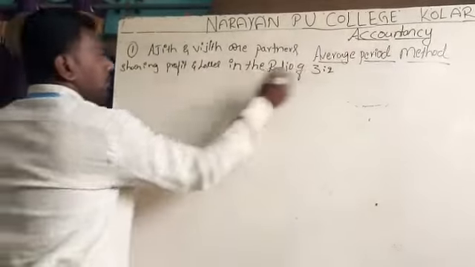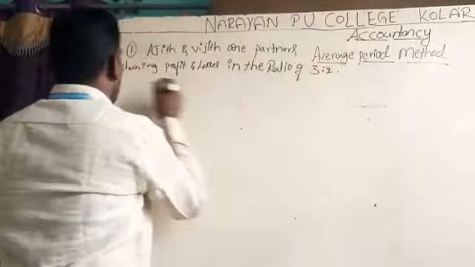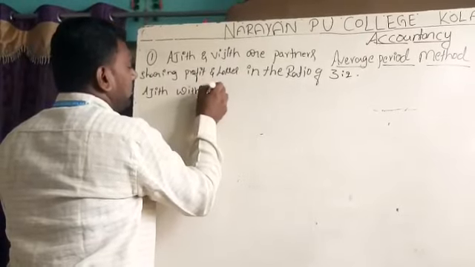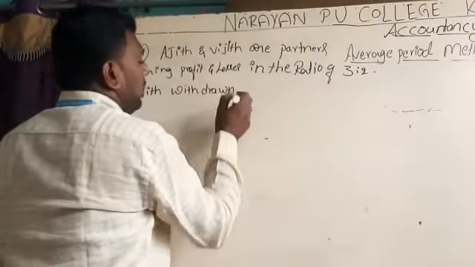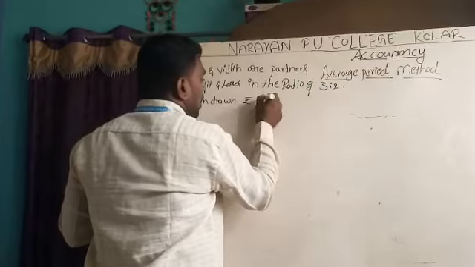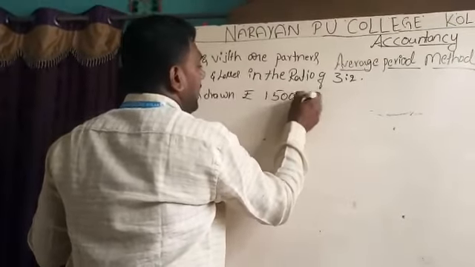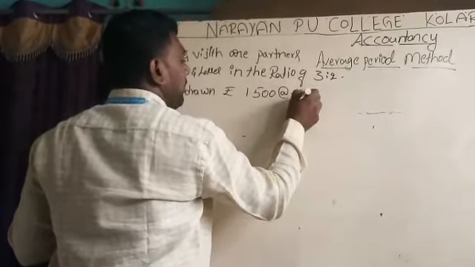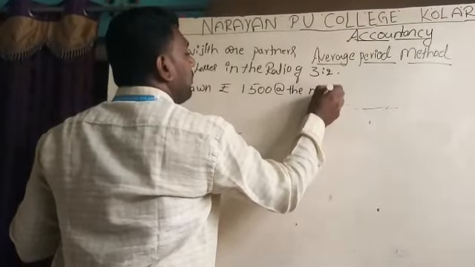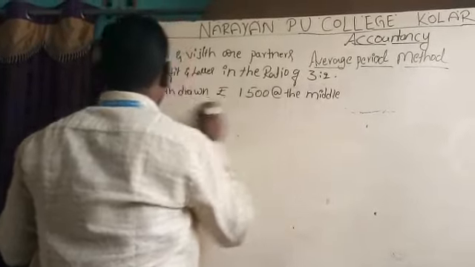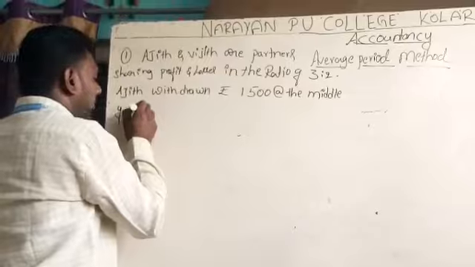Ajit withdrew rupees 1,500 at the middle of every month.